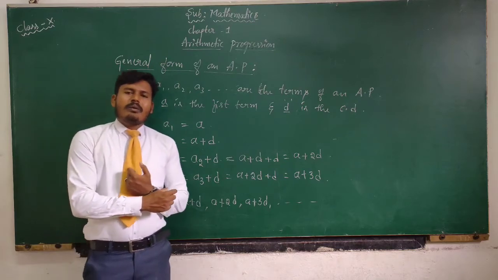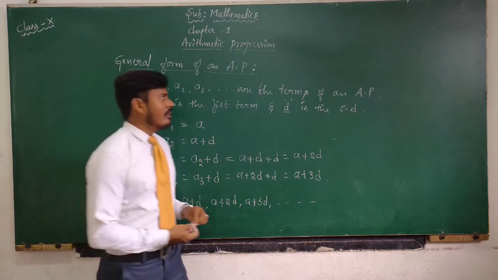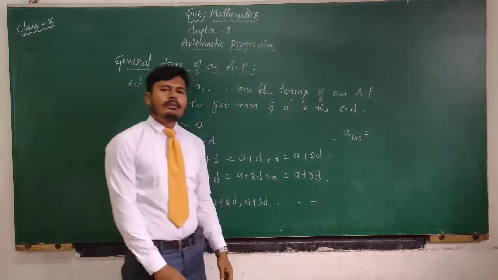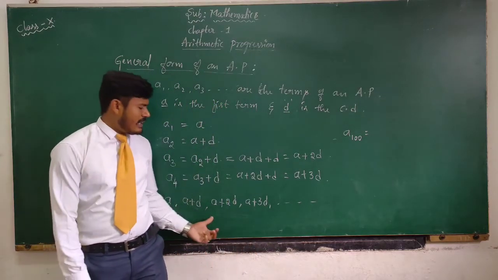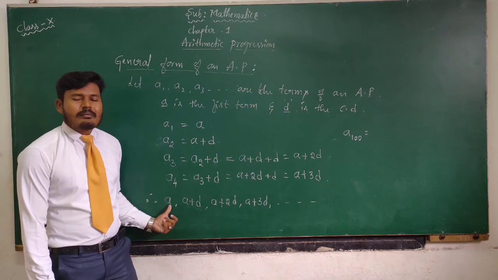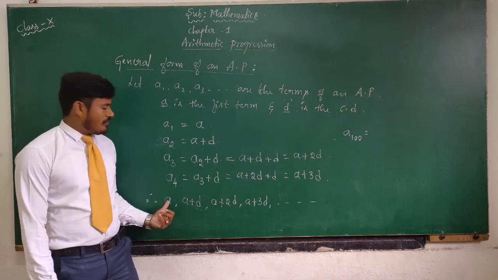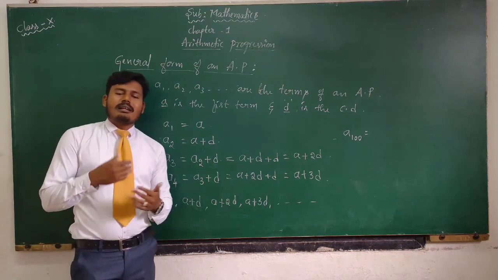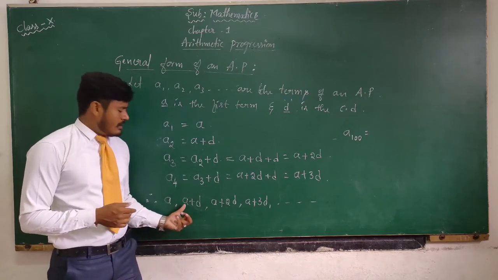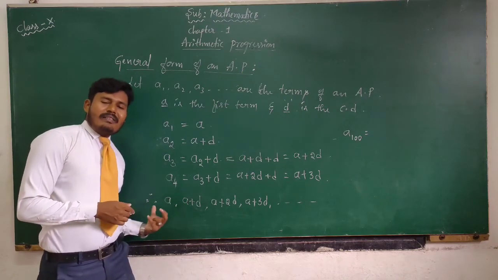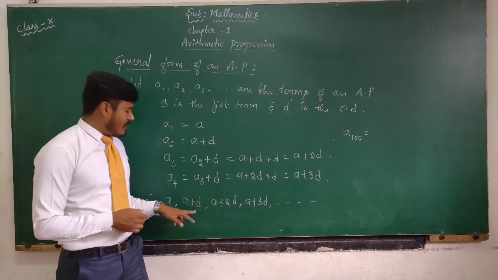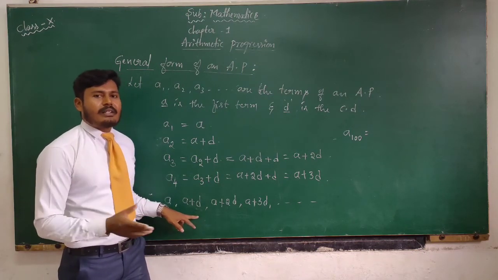Now tell me, what is the general form of the 100th term? By observing these general forms, the first term has no common difference because we choose the first term randomly. Then the second term is obtained by adding a fixed value to the previous term, and that fixed value is also called the common difference.